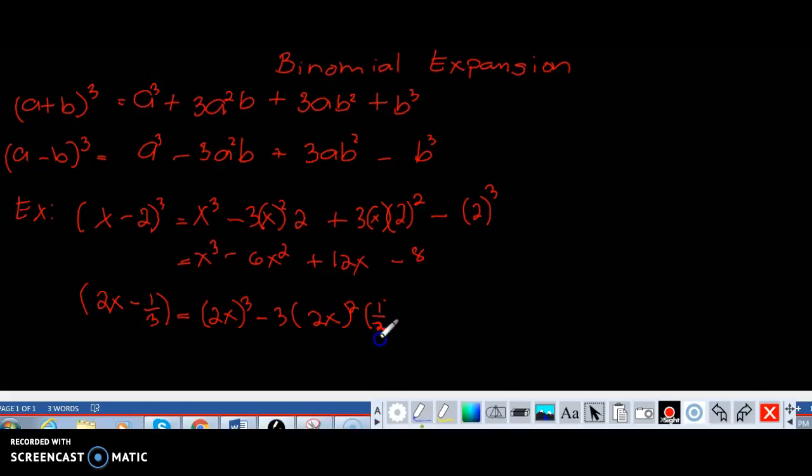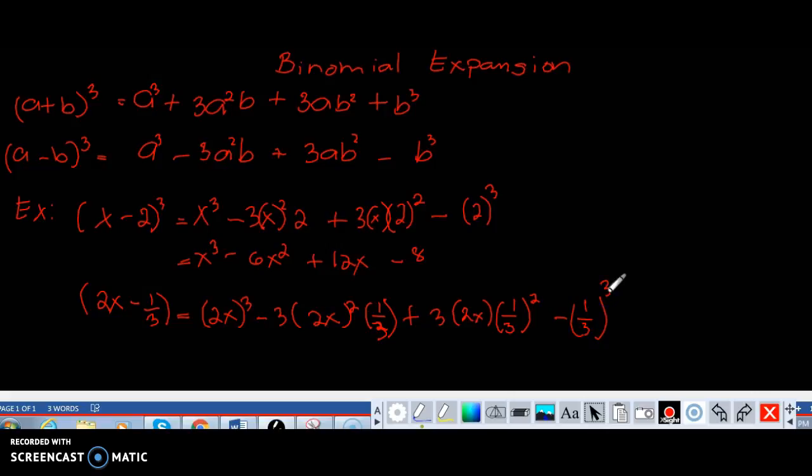Plus 3a, which is the first term 2x, times the second term 1/3 squared, minus b cubed, meaning the last term, which is 1/3 cubed.